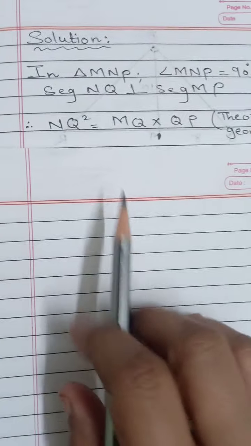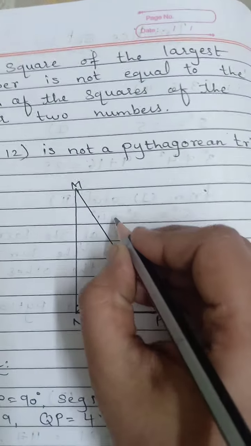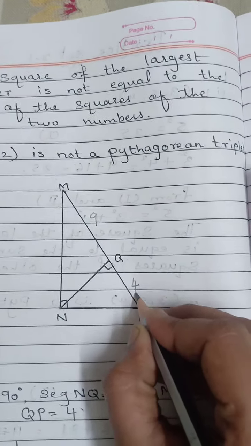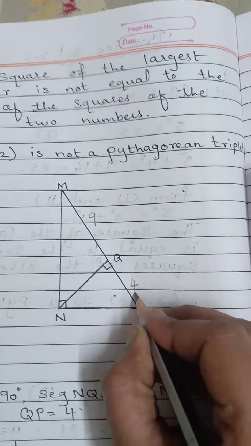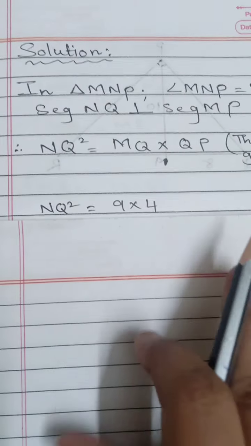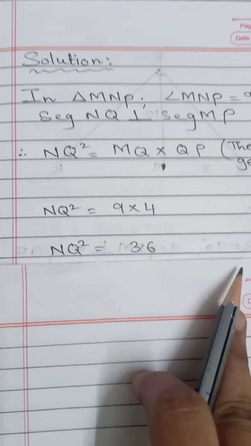Now we'll apply the values. The value of MQ is 9, the value of QP is 4. So NQ square is equal to 9 into 4. Now 9 4s are 36. So NQ square will be 36.